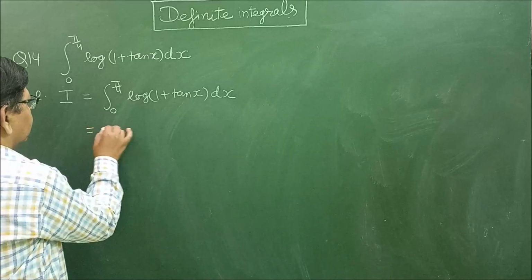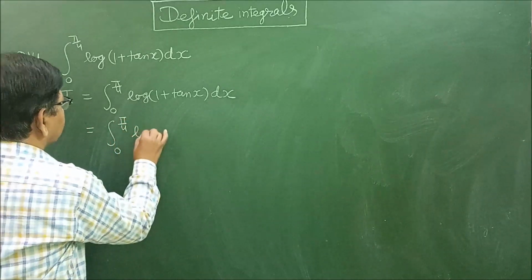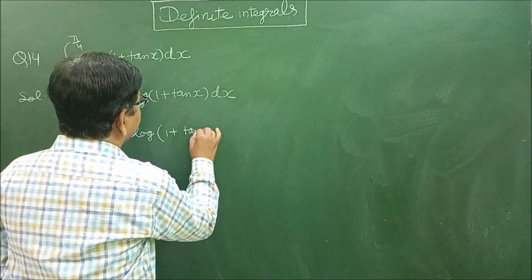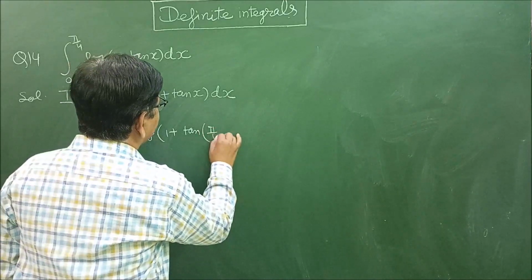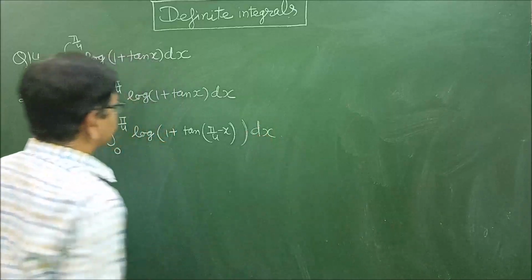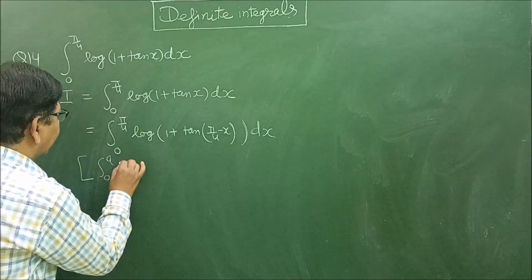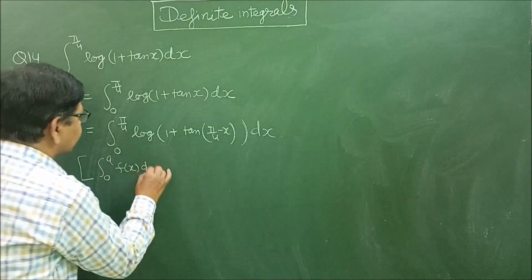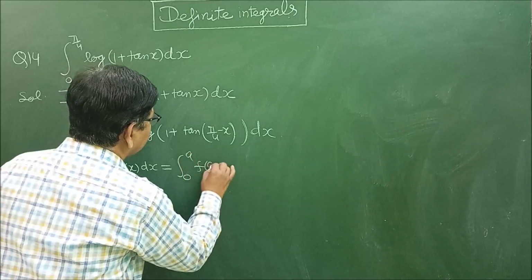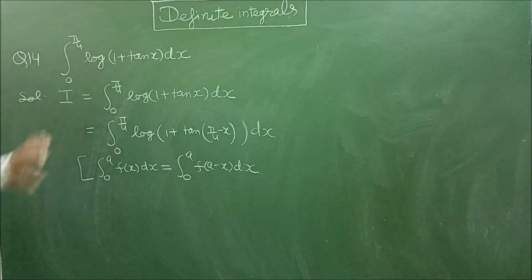So using that property, I can write this definite integral is also equal to the integral from 0 to pi by 4 of log(1 + tan(pi by 4 minus x)) dx. Now let us simplify it further.